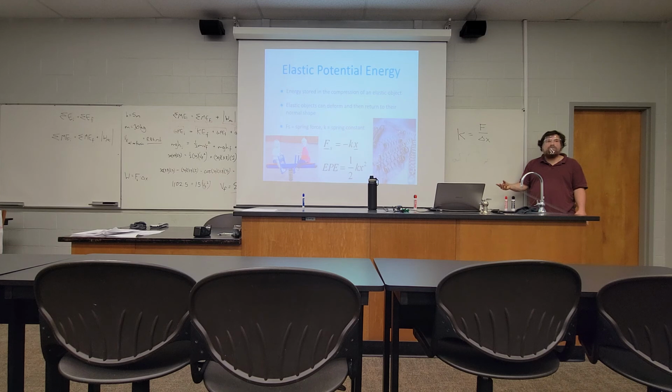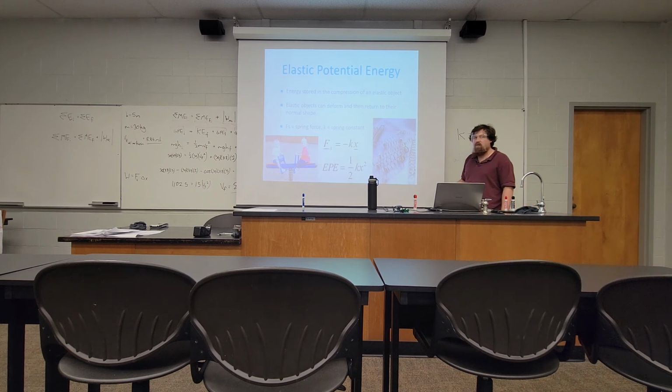It takes 1 Newton to stretch it every 1 meter. So if I pulled on it with 2 newtons of force, it would become 2 meters longer. Conversely, if I took a different, much tougher spring, and it took 10 newtons of force to also stretch by 1 meter, 10 over 1 would be 10 newtons per meter. It takes 10 newtons to stretch every 1 meter.